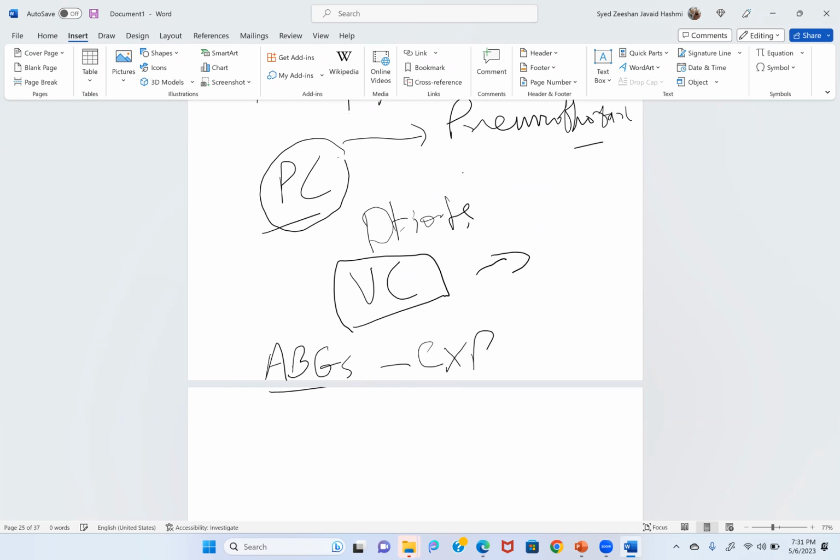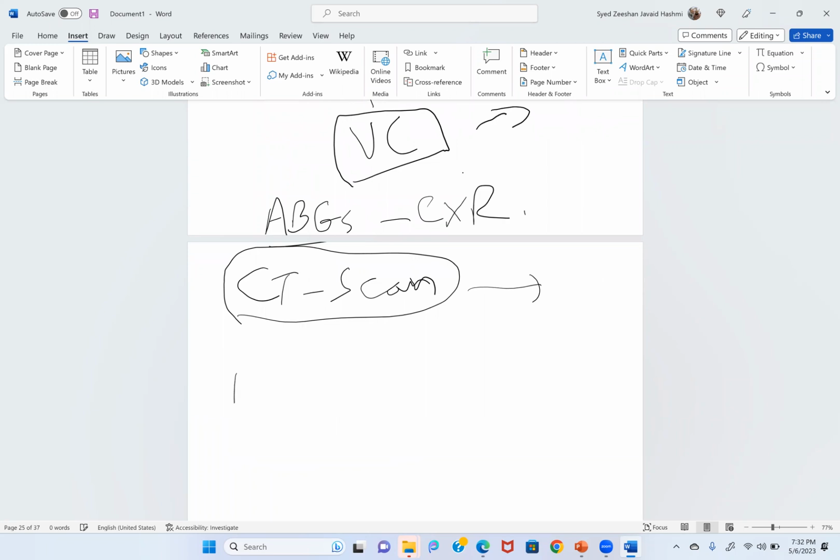ABGs, chest X-ray. Of course, in advanced cases, for example, if there is any pulmonary pathology in which you need further investigation, what about bronchoscopy? Will bronchoscopy help initially?